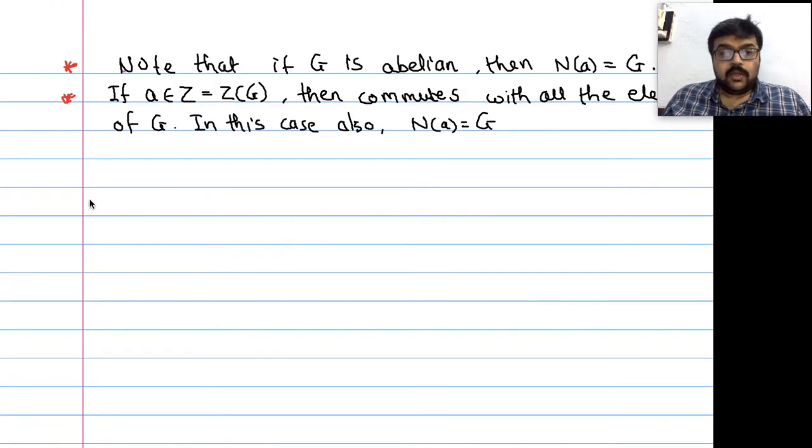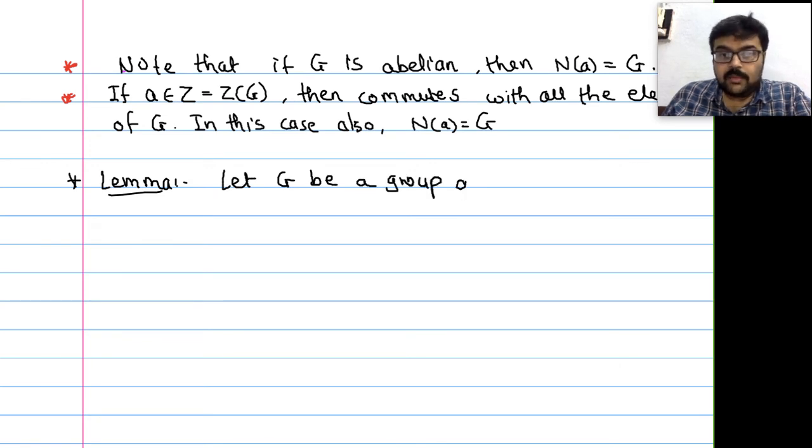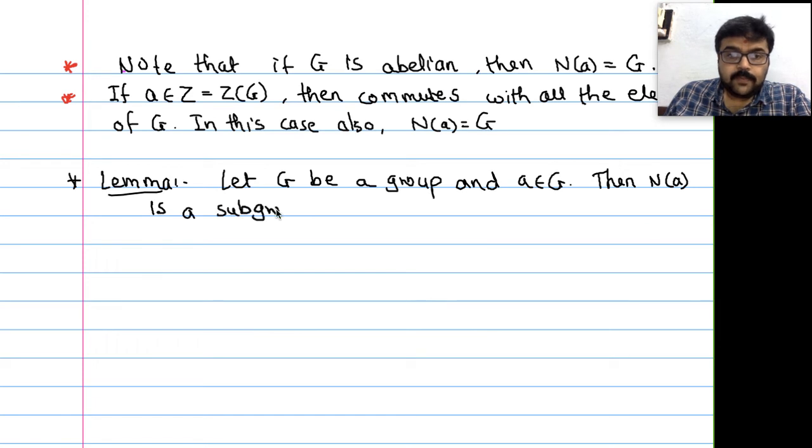Now one exercise I leave for you, or maybe I can show that NA is a subgroup of G. So let G be a group and A belongs to G. Then NA is a subgroup of G. It's a very simple exercise.